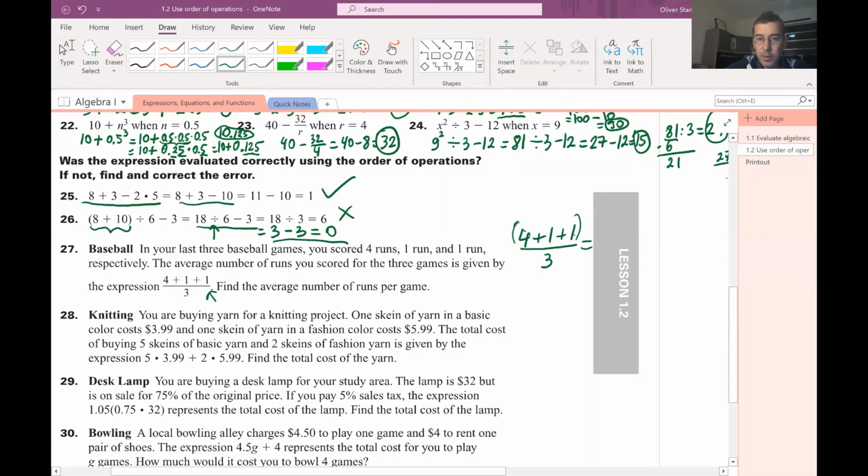So we have to add these up first. 4 plus 1 is 5, plus 1, 6. So this is 6 divided by 3, and that is 2. So 2 is the answer. So 2 runs per game is the average number of runs per game. Okay.